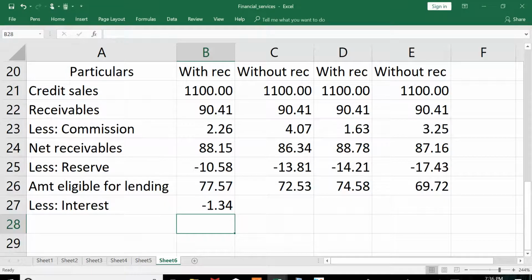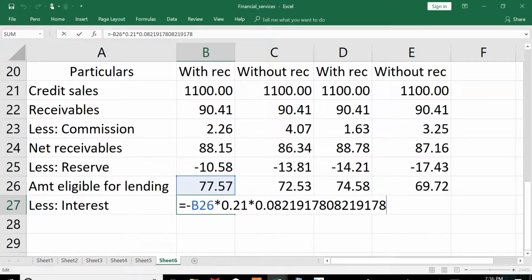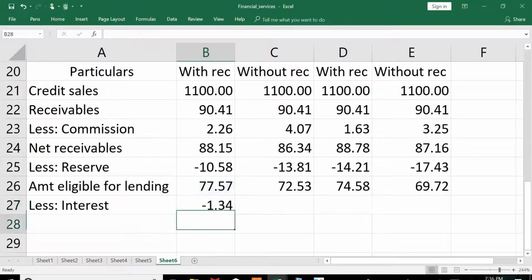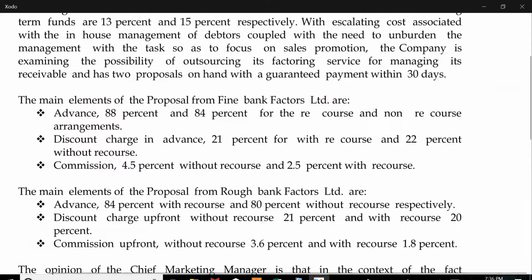You can have small ups and downs because of rounding off issues, don't worry about it. 21% into 30 by 365, that's your with recourse part.